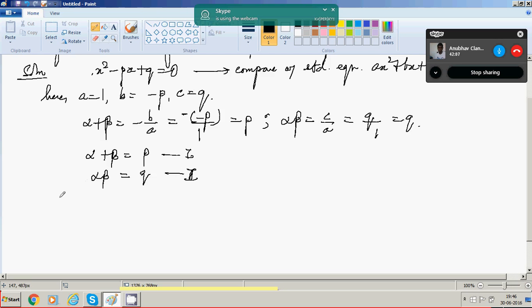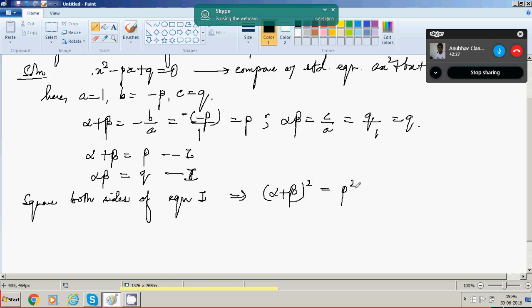We will square both sides of equation 1. This implies alpha plus beta whole squared equal to p squared.